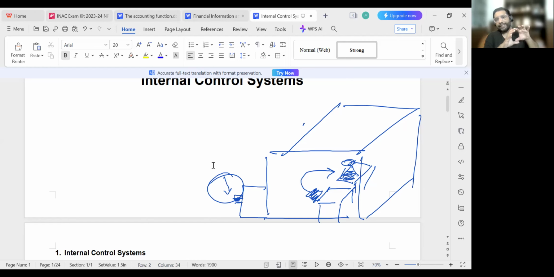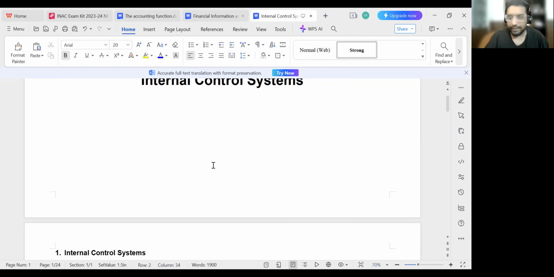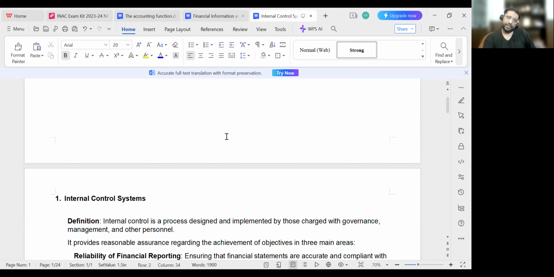They are basically a check on the whole organization because numbers tell everything. So you're getting a lot of information from just looking at the numbers, right? So that's part of the internal control system as well. Okay, so let's try to have a detailed understanding of internal control systems.